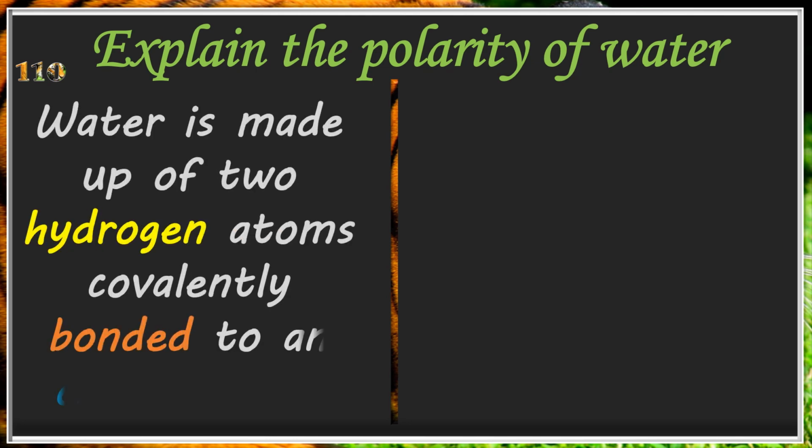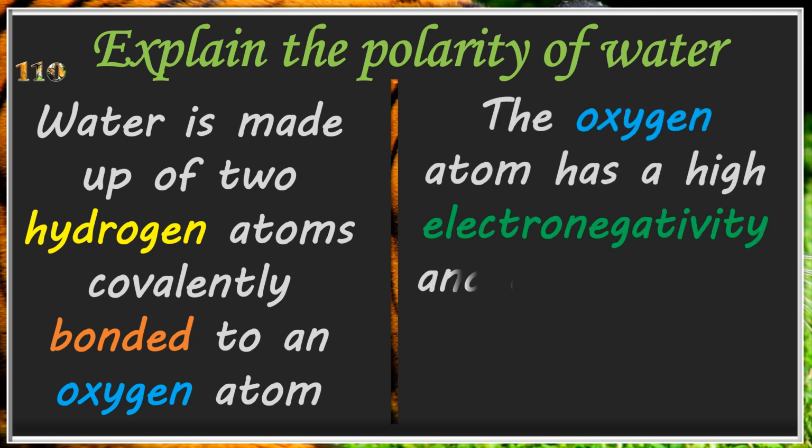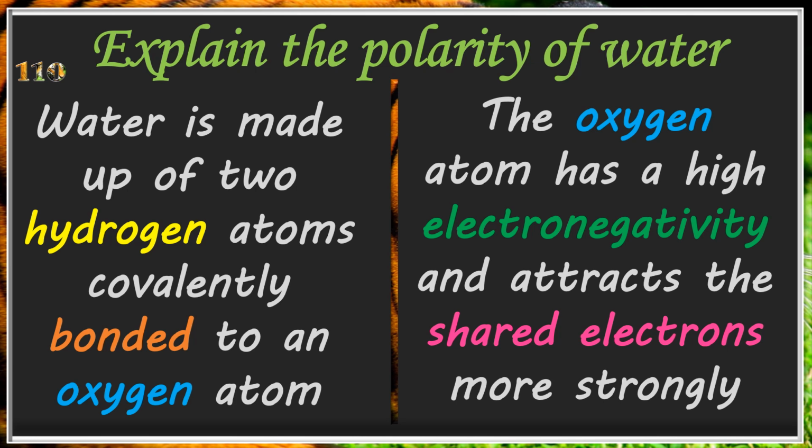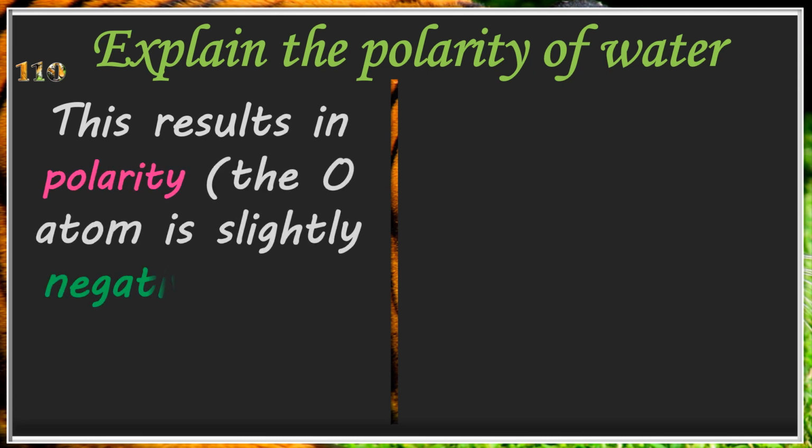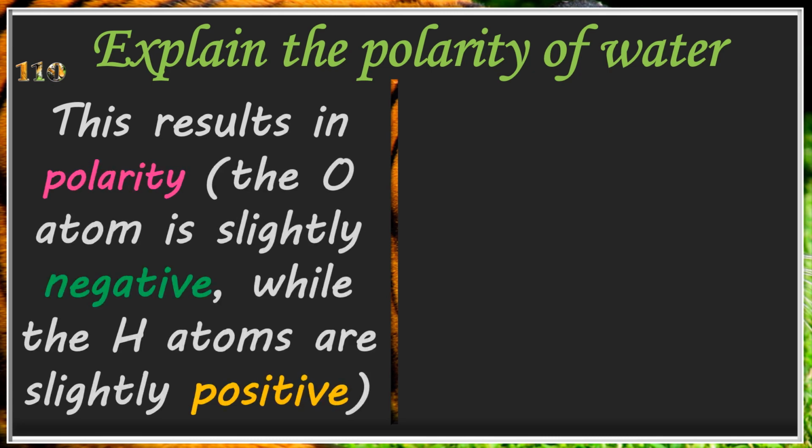Water is made up of two hydrogen atoms covalently bonded to an oxygen atom. The oxygen atom has a high electronegativity and attracts the shared electrons more strongly. This results in polarity.